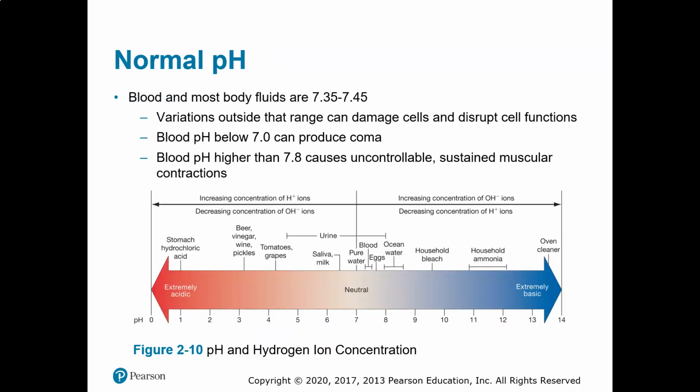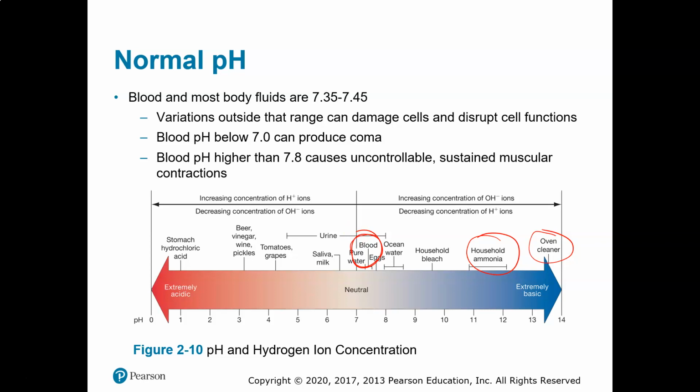Here are some common solutions, common substances, and their pH values. Very basic pH would be a lot of your cleaners like ammonia and oven cleaner. These are very basic, extremely high pHs. Blood is basic, but it's still very close to neutral.